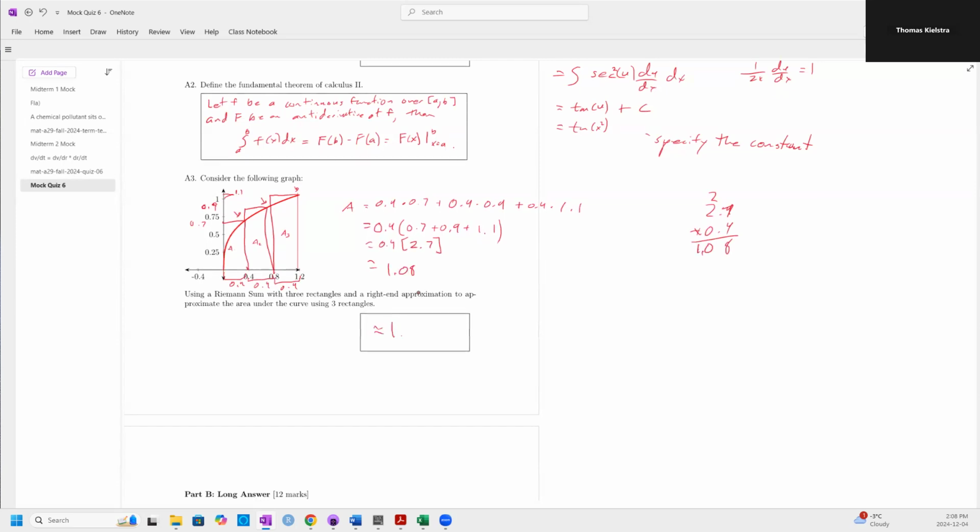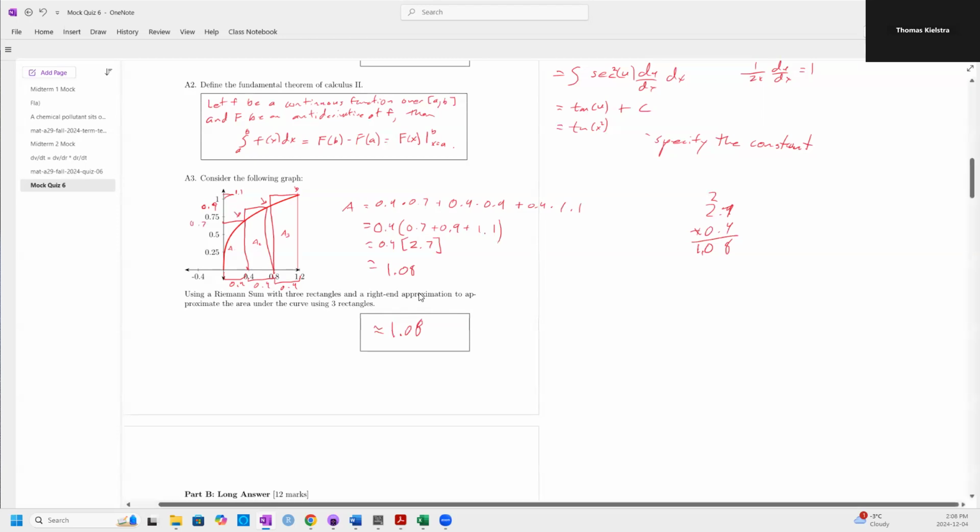So approximately 1.08. Depending on what value is used here, your approximation may be different. But because it's coming from a graph, that's okay. It's just a general approximation. You show you know the process, and showing your work, you get the mark.